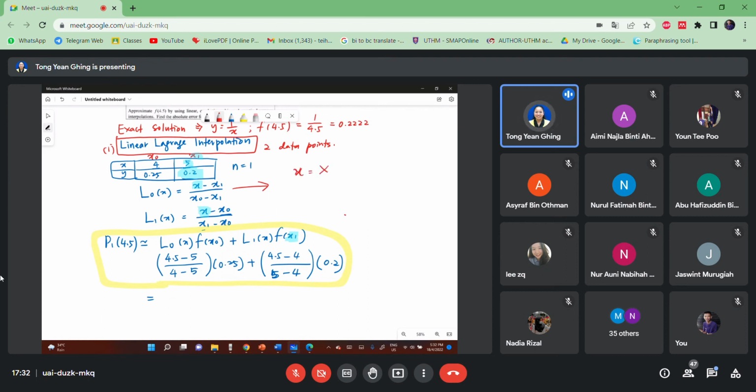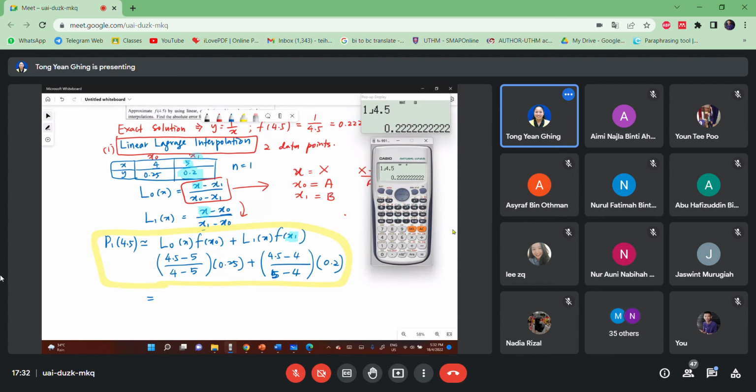Let's say x is x, x0 is A, and x1 is B. Then I change the formula to (x minus B) over (A minus B), with a similar formula for the other term.